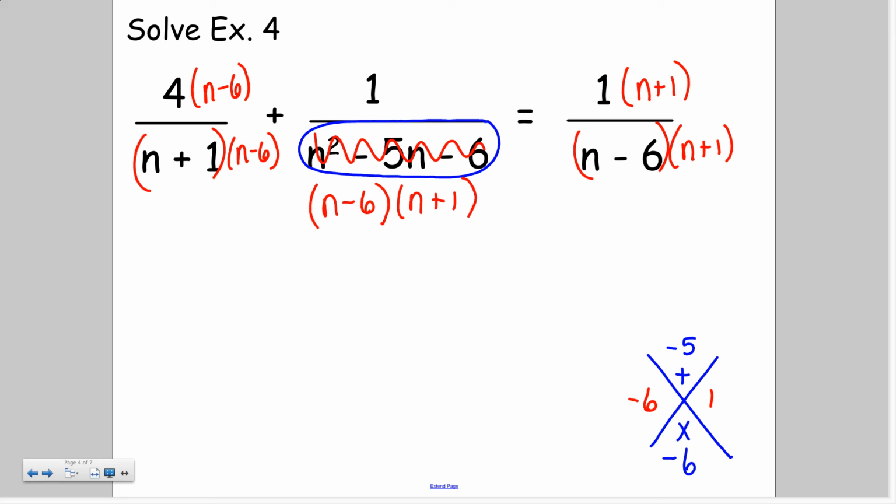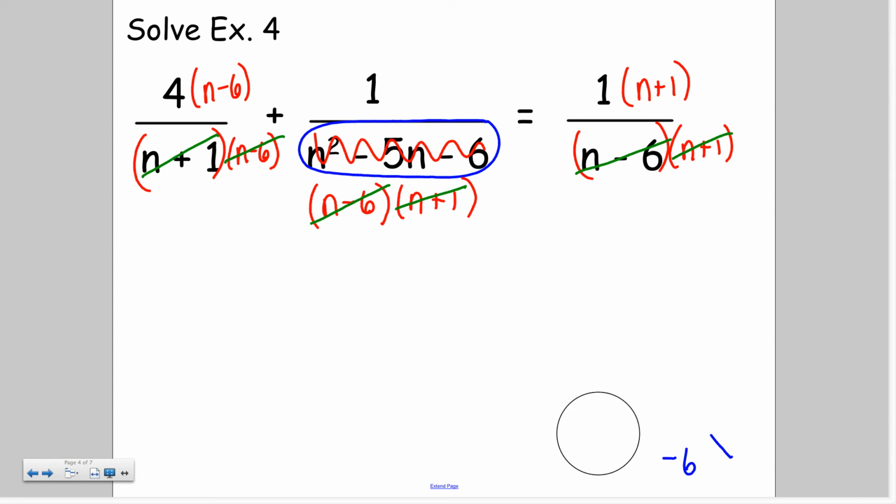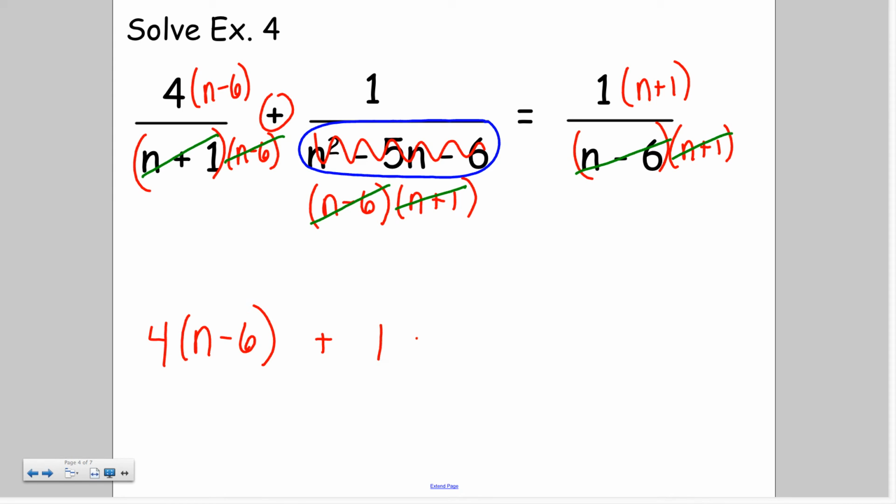Double check and make sure that every denominator has the n minus 6 and the n plus 1 before you move on. Now I can just deal with what I see in my numerator. You have a plus sign here, so you should not have to worry about any signs changing.